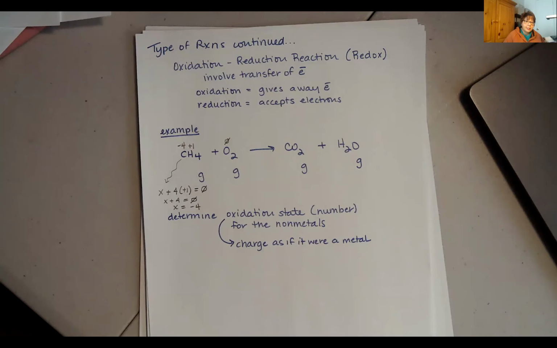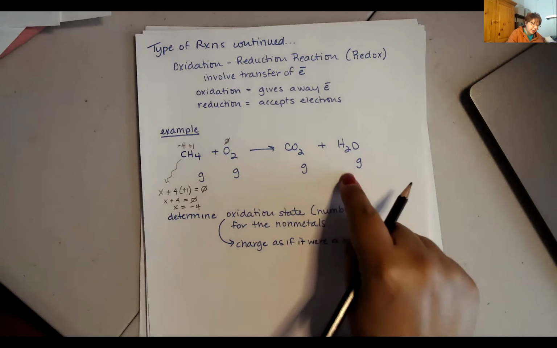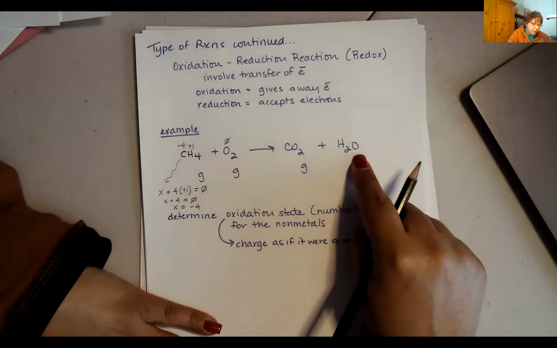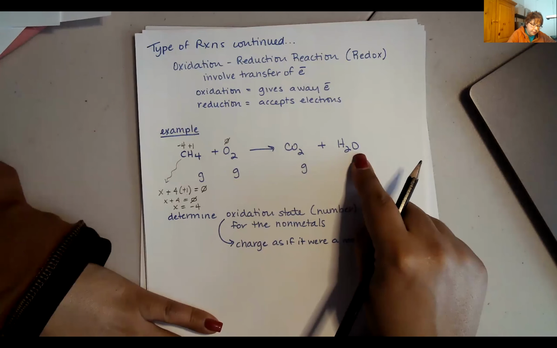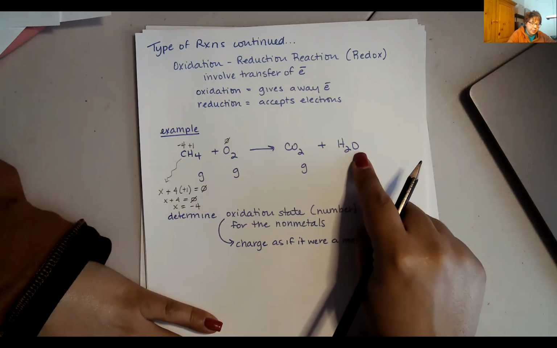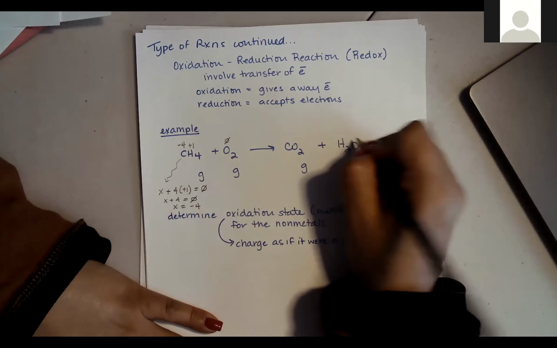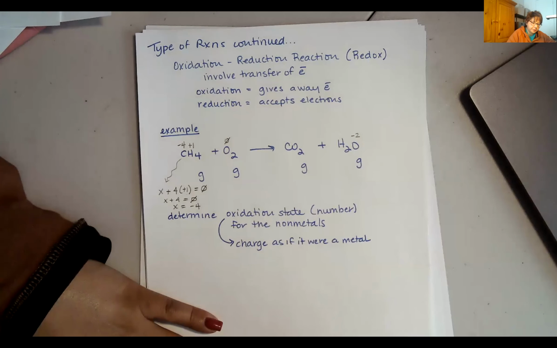Now I'm going to figure out the oxidation states on this side of my equation. So starting with water, according to my handout, I'm not sure what rule it is, you'll have to tell me, but which rule says that oxygen is -2 in covalent compounds? What rule is that? Rule 3. Rule 3, okay. So this is -2.